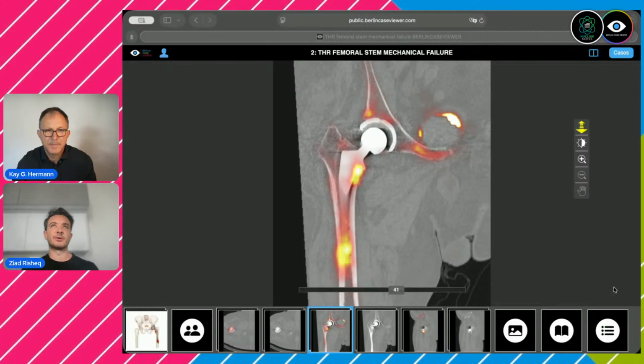It depends on the tracers. So if you're using indium, you can do it the very next day, or gallium-67, you can actually do it on the same day. You can actually do simultaneous, the bone scan and the indium scan together, because each has different gamma ray characteristics. So you can do both in the same session.